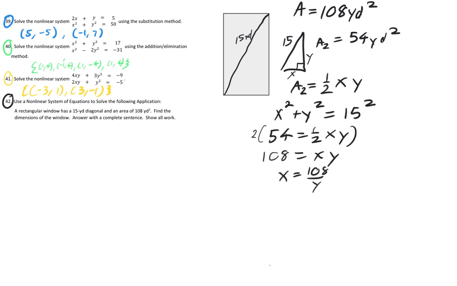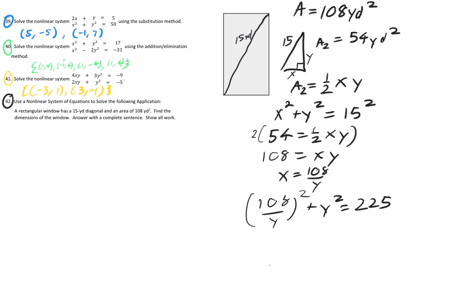So now we're going to plug this in to this equation here. 108 over y, squared, plus y squared is equal to 15 squared, which is 225.